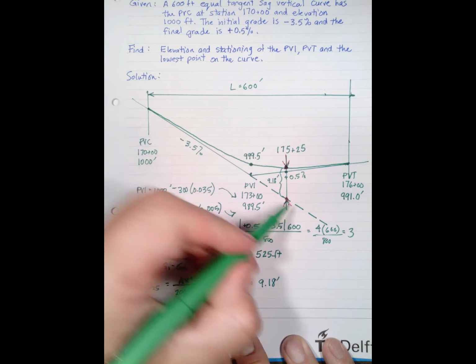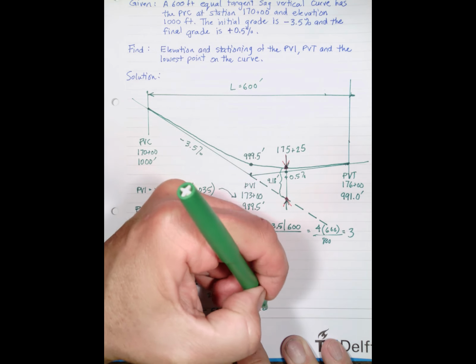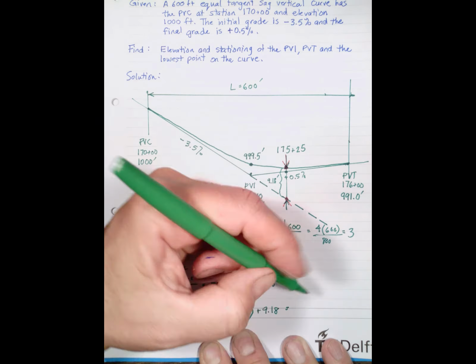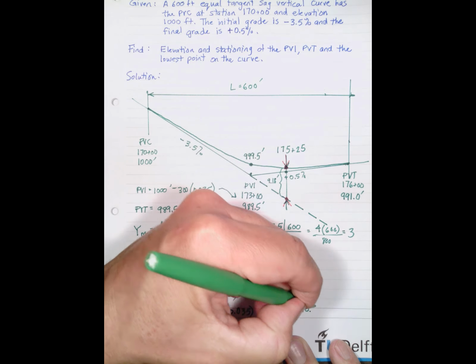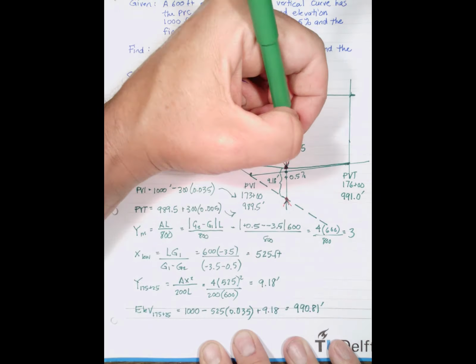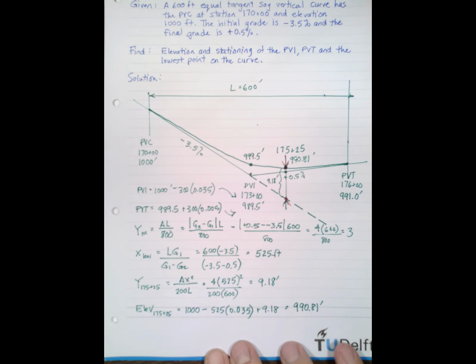That takes us down to this point, and then we just go up, plus 9.18, and the elevation is 990.81 feet. So now you've completely described this vertical curve, and we're done. Thank you very much for your attention.